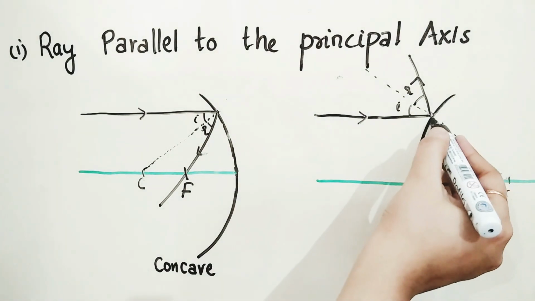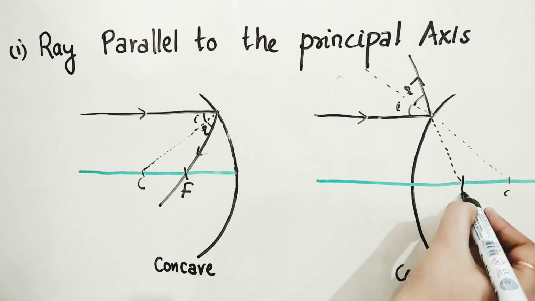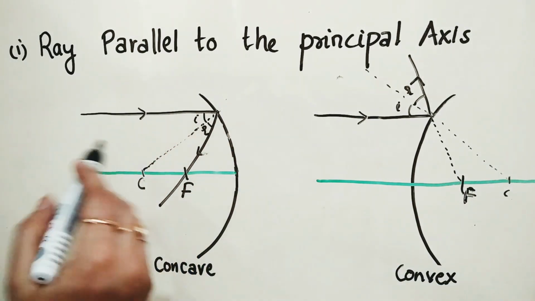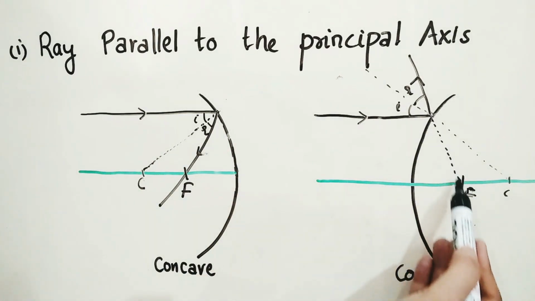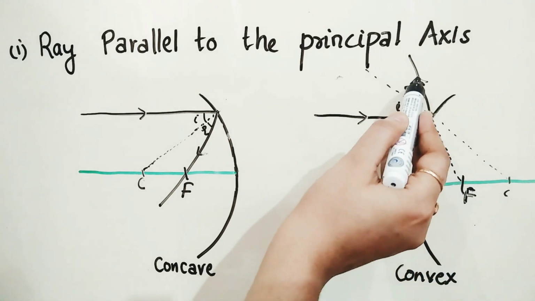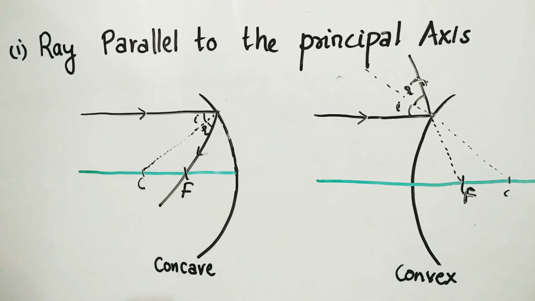Now it appears to meet at this point, which is the focus. Again the same thing is here, whenever it passes parallel, it passes through the focus. Because the ray is diverging, we can say it appears to pass through the focus.